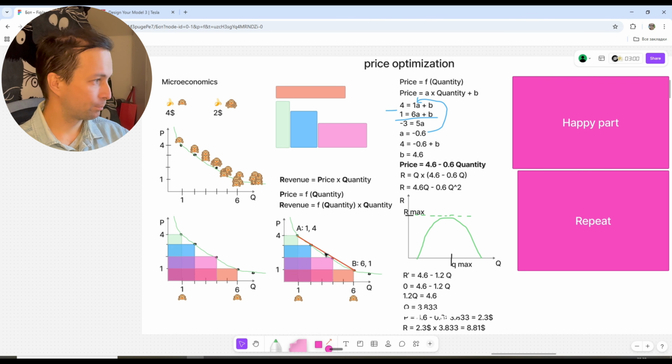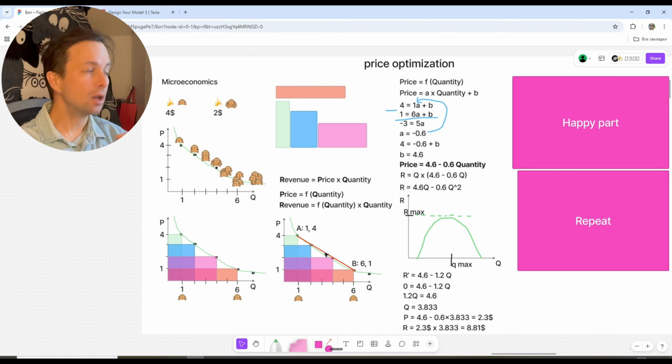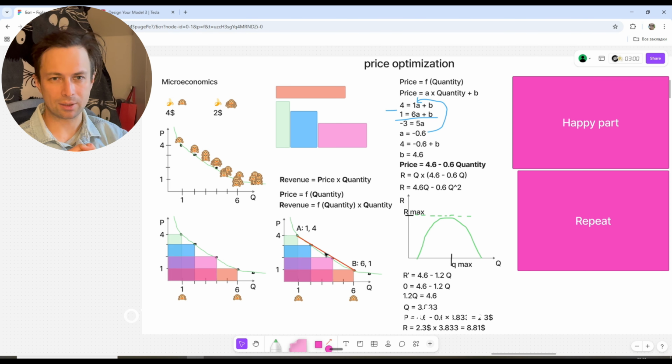If we sell bananas for $2.3, we will sell a little less than 4 monkeys. Of course, we know that it is not about monkeys, so maybe we are speaking not about one monkey, but about millions of monkeys. So it's not a problem to imagine that 3.833 can be realistic.